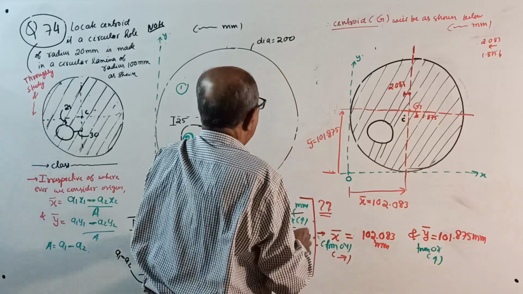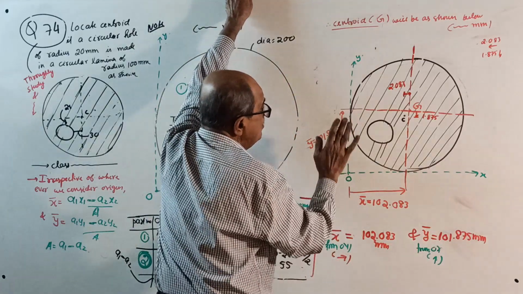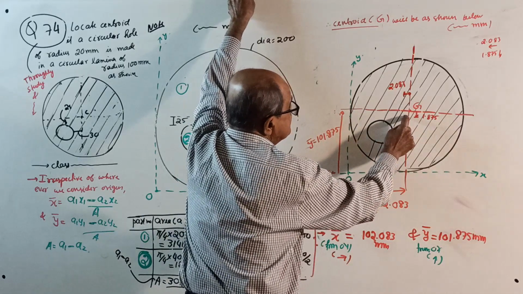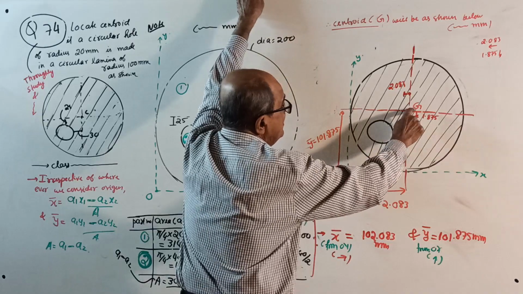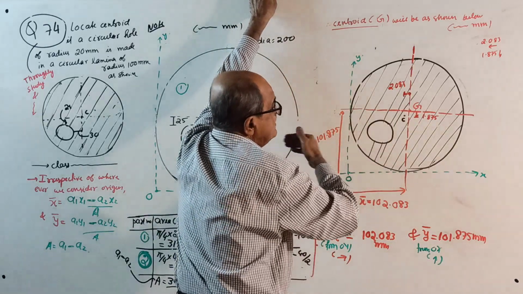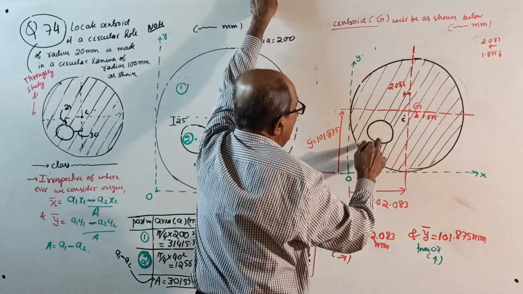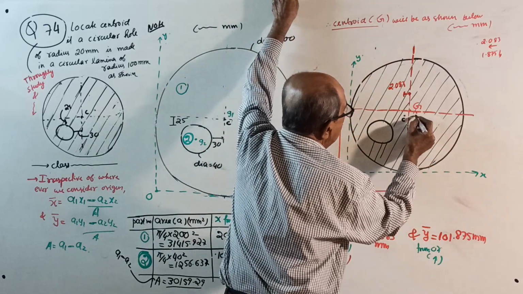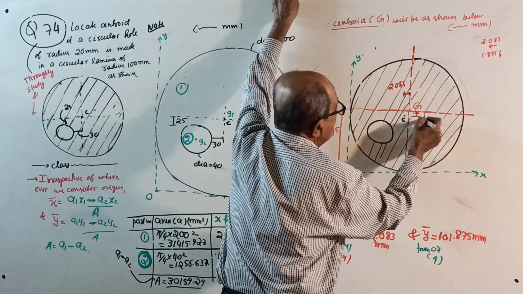Over. Now, this full is over. I will remove it all. Remember now, from center, centroid is on which side? Left side, sorry, right side, and this is actually up, above, not below. Above by 1.875.